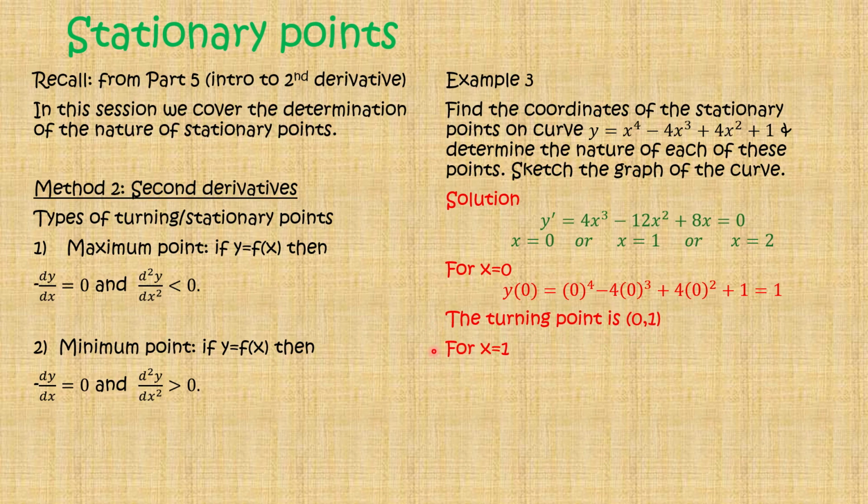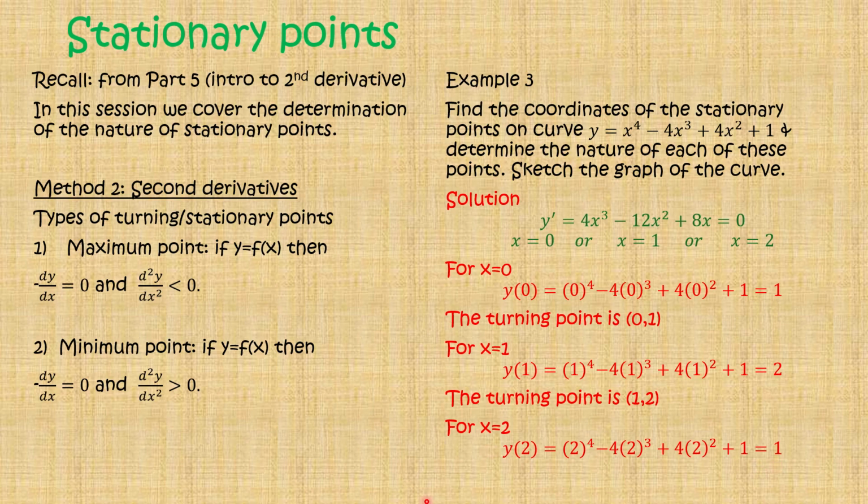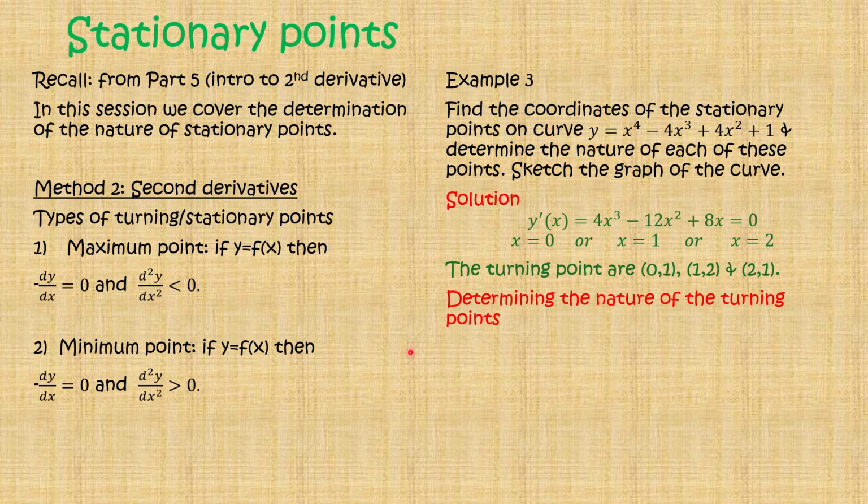We move on to substitute for x is equal to 1 so that we get our y of 2. And this gives us a turning point of 1, 2. And lastly, for x is equal to 2, we get the y value of 1, giving us the turning point 2, 1.